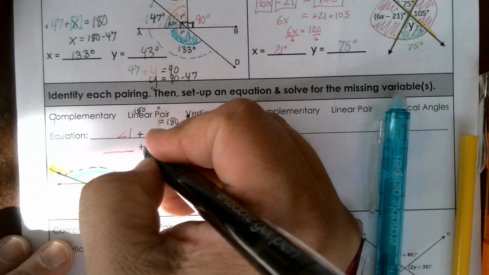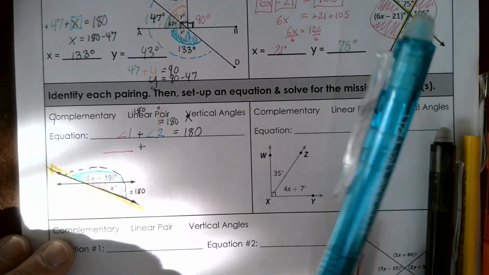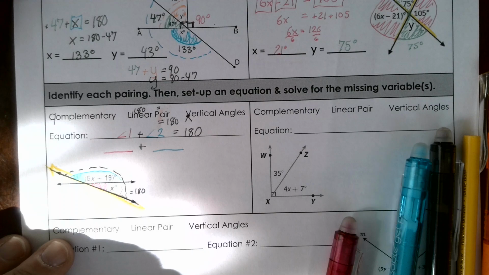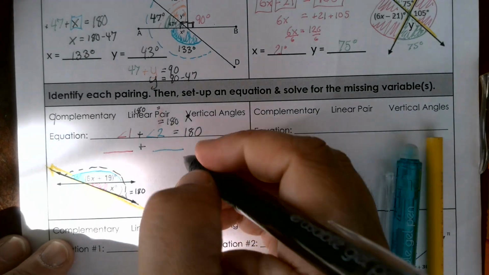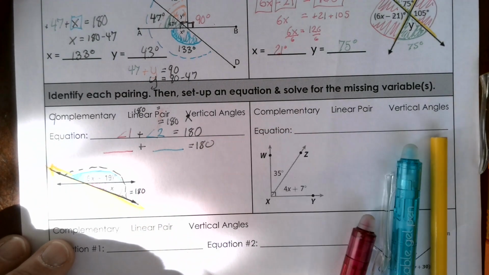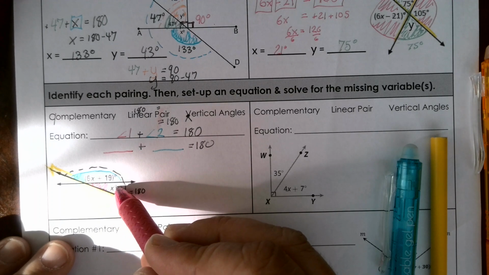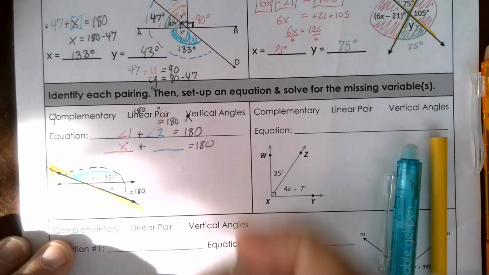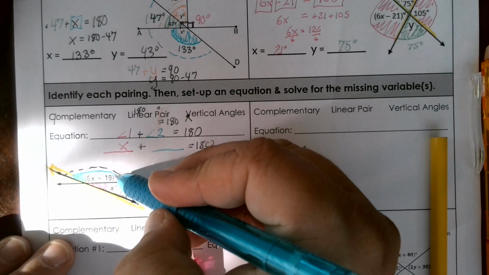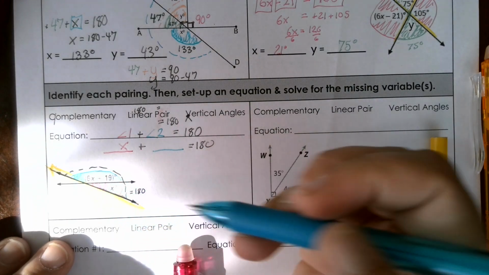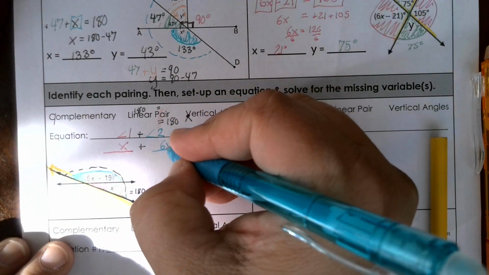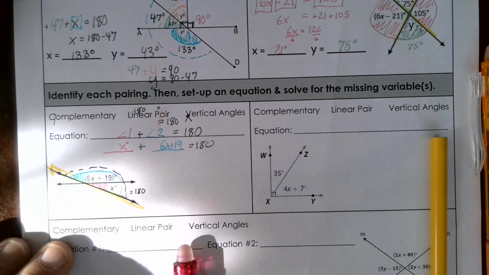And it doesn't matter what that number is. Whatever comes after the degree symbol is the measure for that angle. So here, the pink one is just x, degree x. But for this one, see the degree symbol, 6x plus 19? 6x plus 19. Whole thing has to go in. Okay?